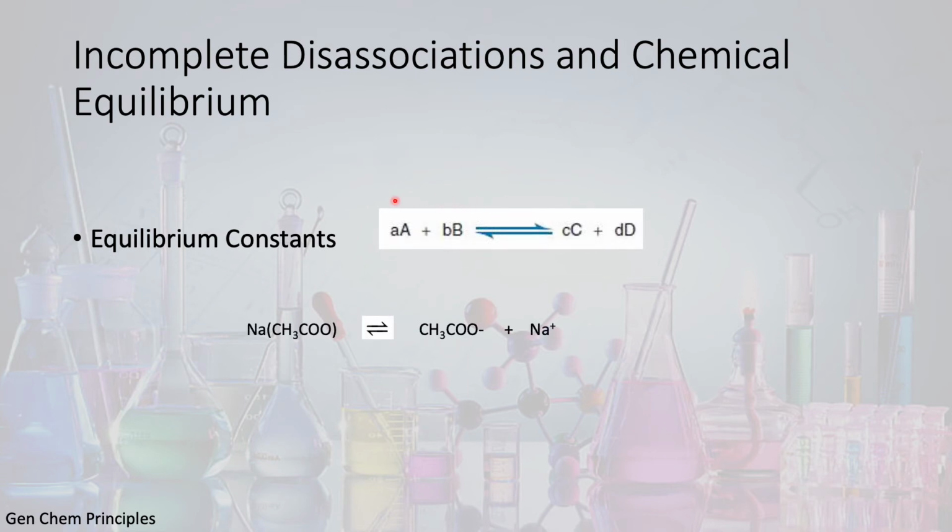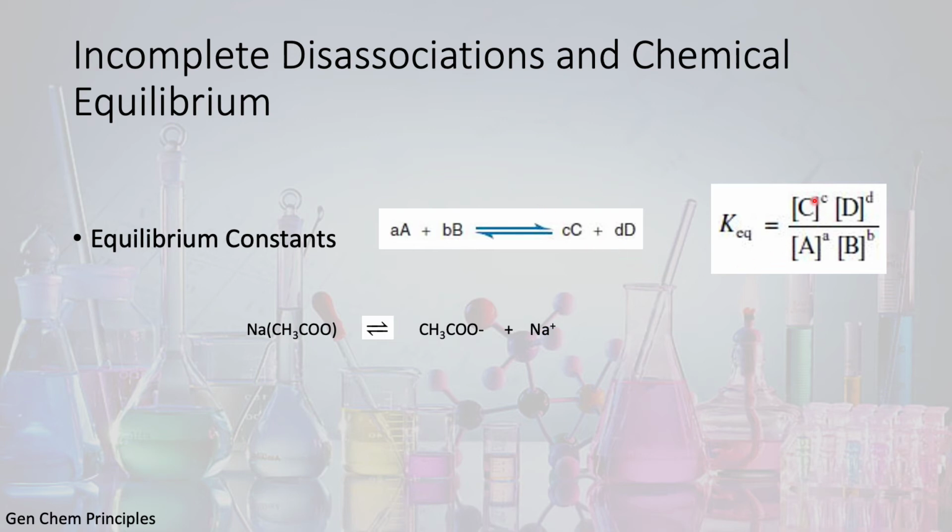If we again look at this generic chemical equilibrium reaction, and our example here, the dissociation of sodium acetate, we can write the chemical equilibrium constant as this formula here. So K_eq, again, is the equilibrium constant. This represents when the forward reaction and the reverse reaction are balanced and the chemical reaction is at equilibrium.